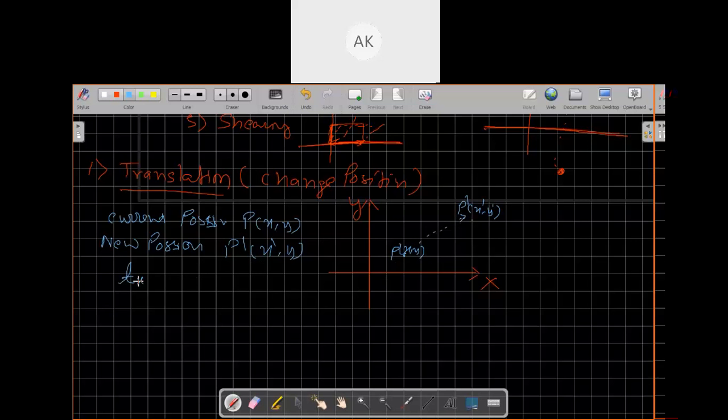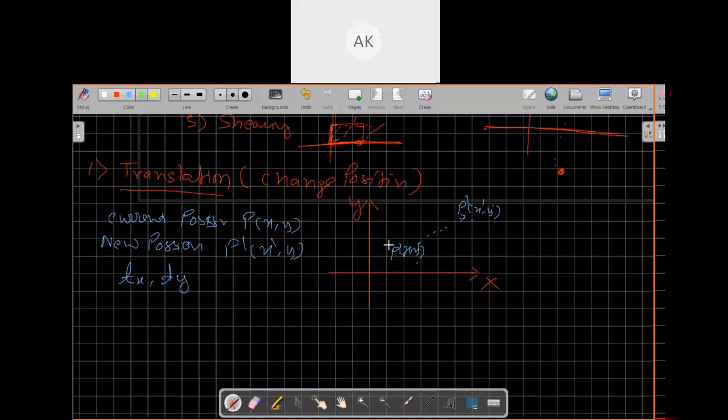We want to change the position of this point from this location to this one. So we are just changing the position of the object.